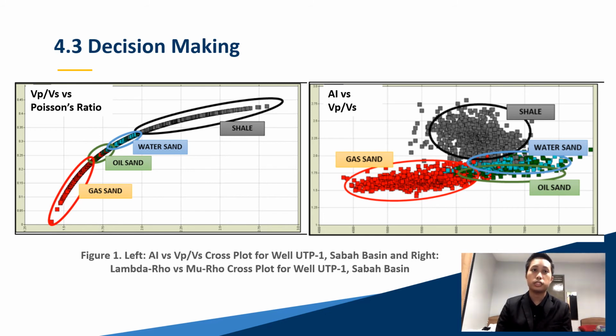For the first cross plot, VP/VS against Poisson's ratio, we can see that the distribution is not well spread, but it is distributed in a uniform way.